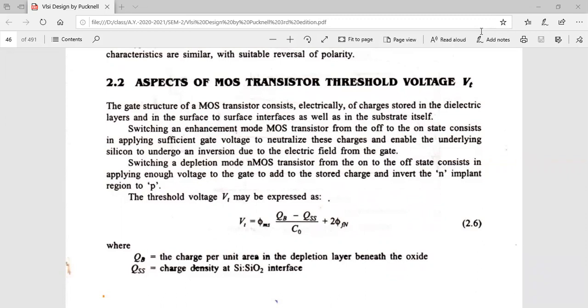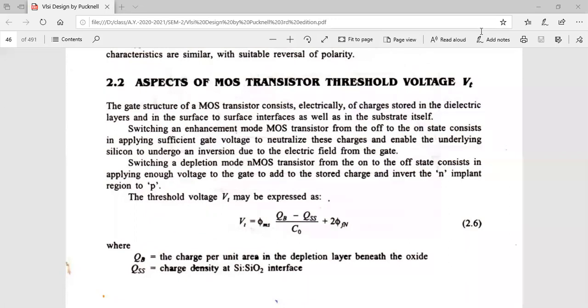Okay, you understand? Actually, we have some electrical charges present between the source and the drain, and also under the silicon dioxide before the formation of the channel.